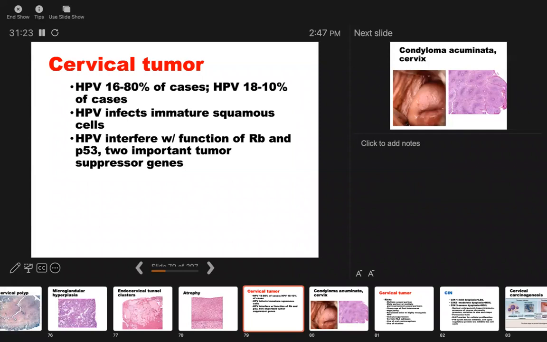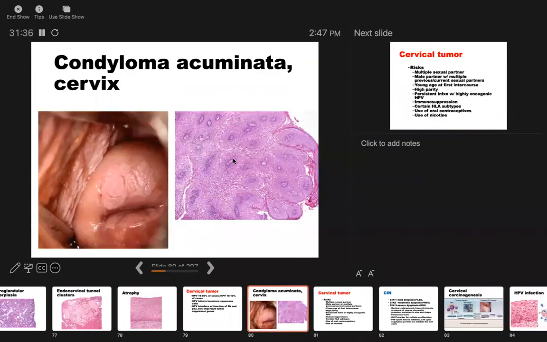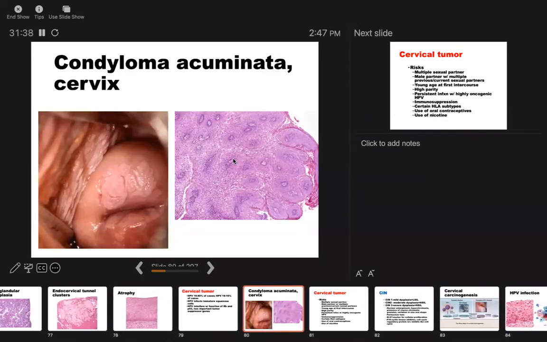So the problem is you have enhancement of cell cycle progression, and it impairs the ability of the cells to repair damaged DNA. So you have dysregulated growth, and eventually you may end up with a mass that is easily appreciated. So this is the benign one.